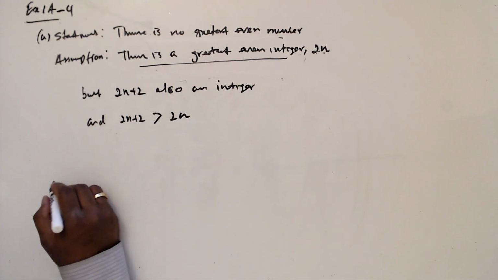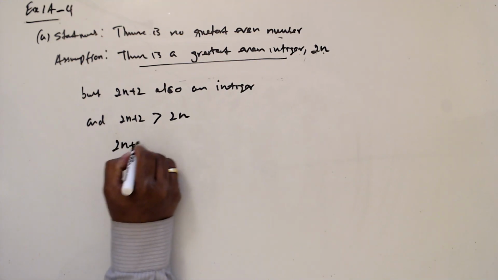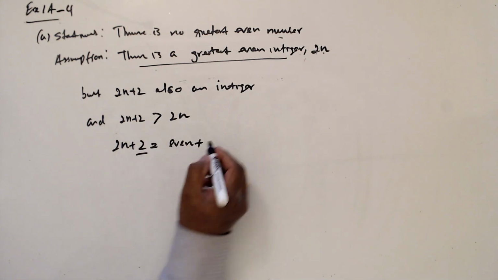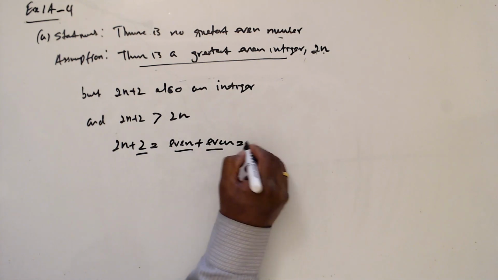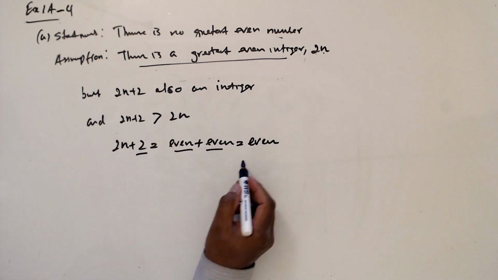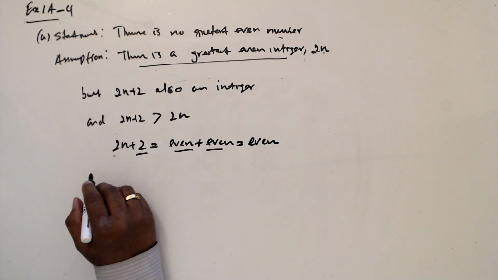That is also true, and 2n is even, and 2 is also even. So we know that even plus even is even. Hence we found another even number, 2n plus 2.